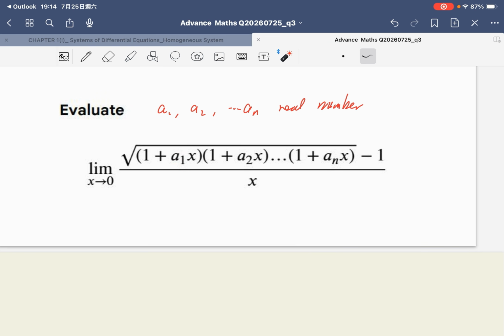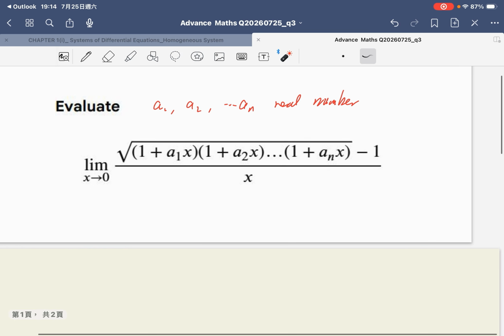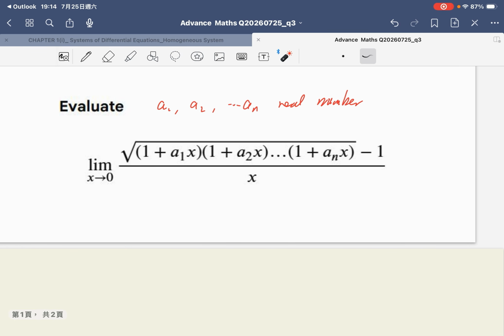Yes, I think we have this assumption. Obviously, we have to calculate this limit.